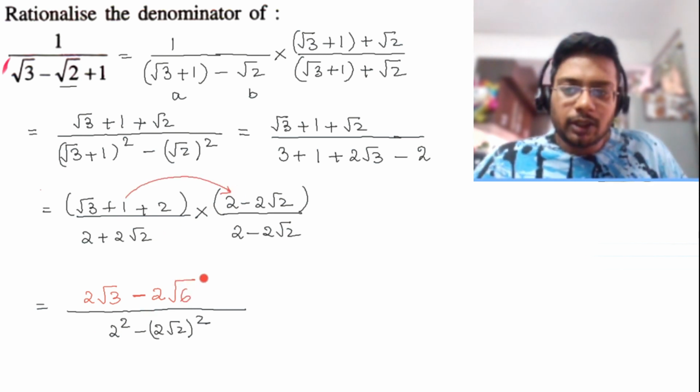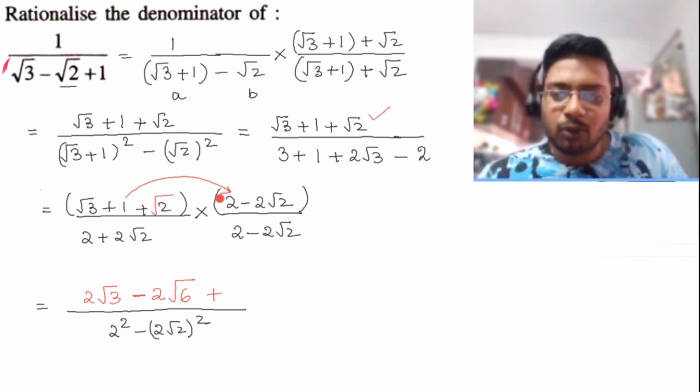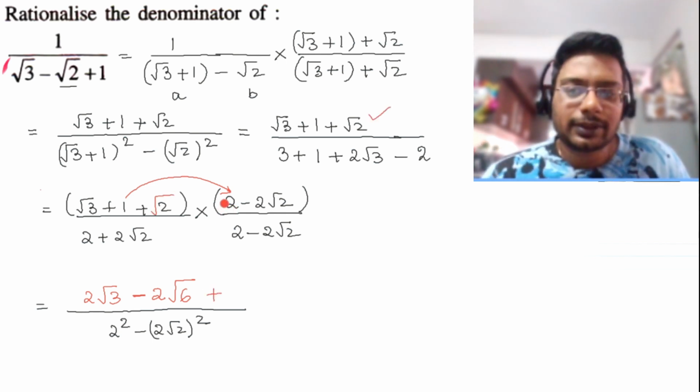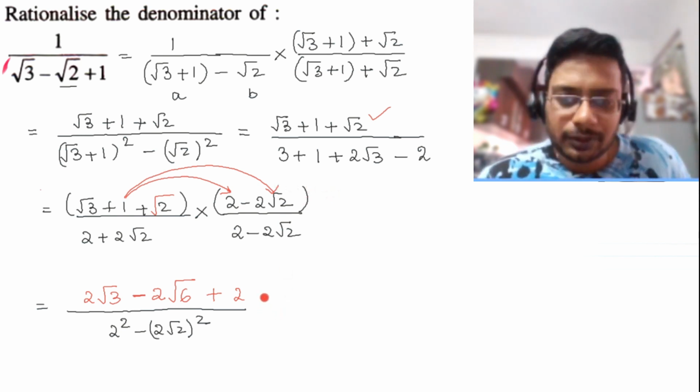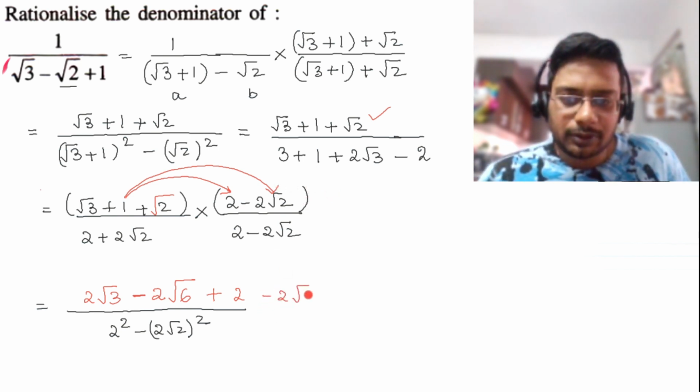Next, the second term is 1. 1 multiplied with 2 is 2. Then 1 multiplied with minus 2 root 2 is minus 2 root 2.